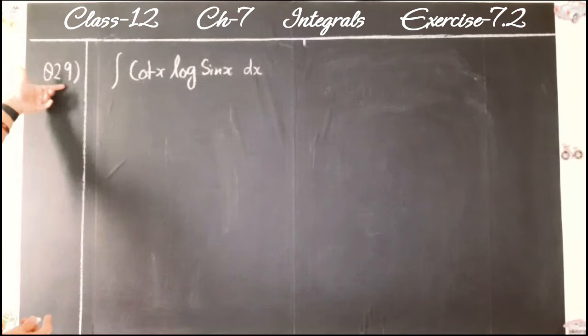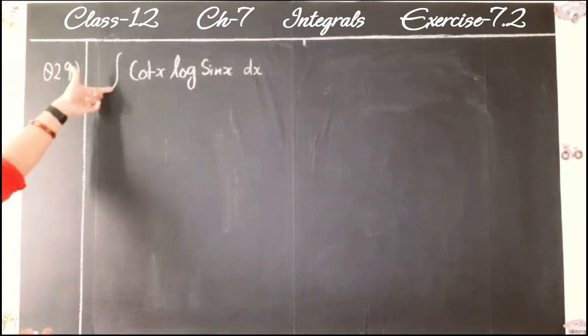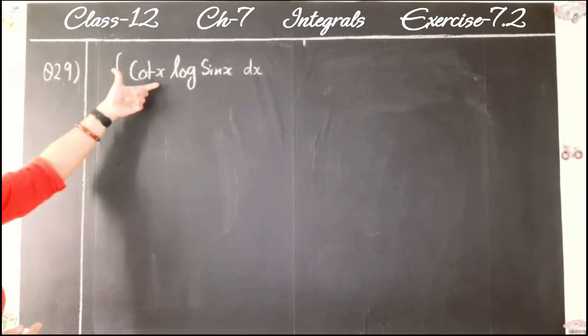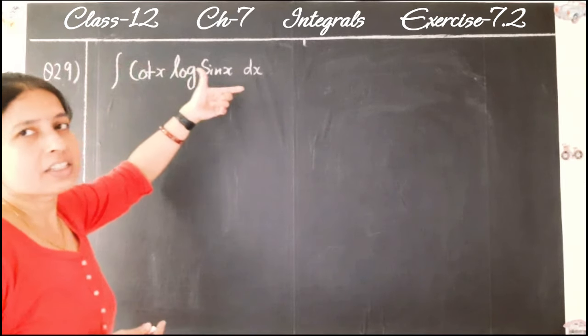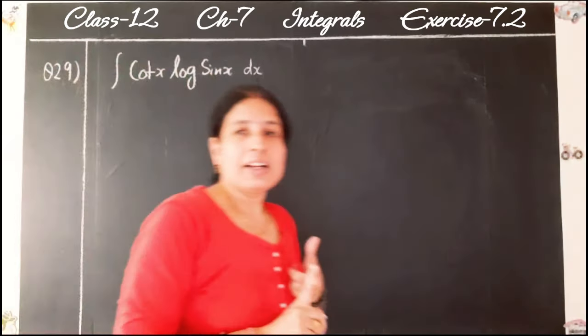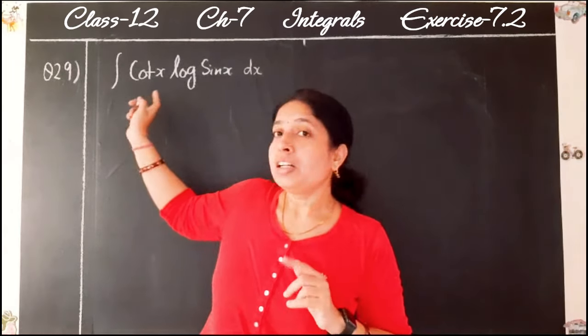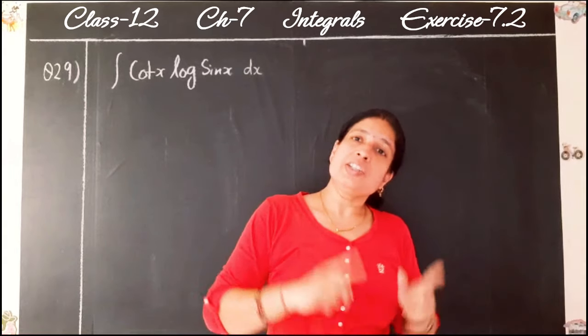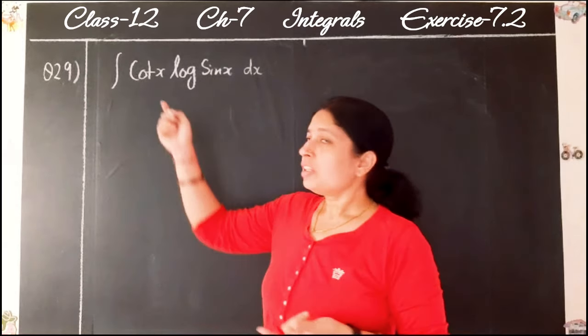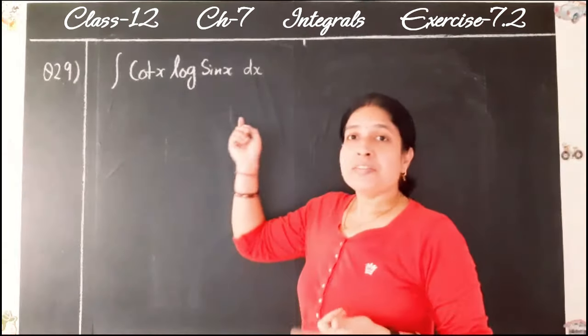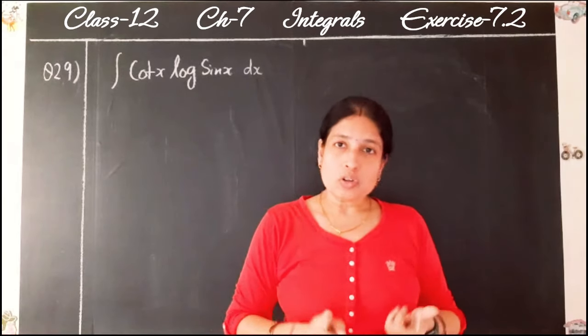Next question is question number 29. It is the integral of cot x into log sin x dx. First thing: whose derivative is present in the given integral? Here the derivative of cot x is minus cosec square x, that is not given, and the derivative of sin x is cos x.